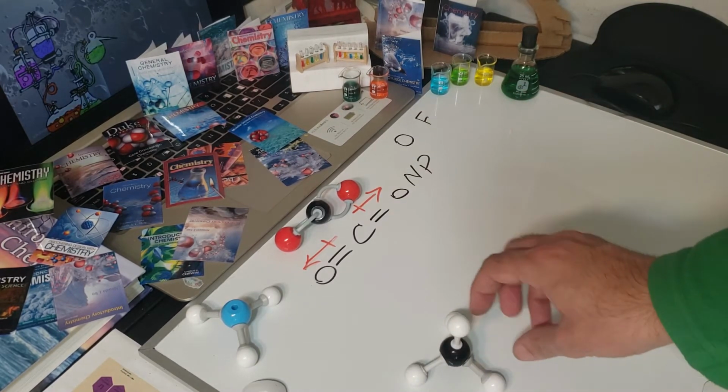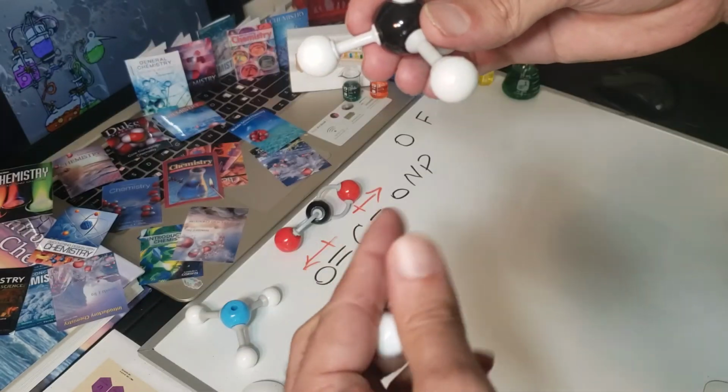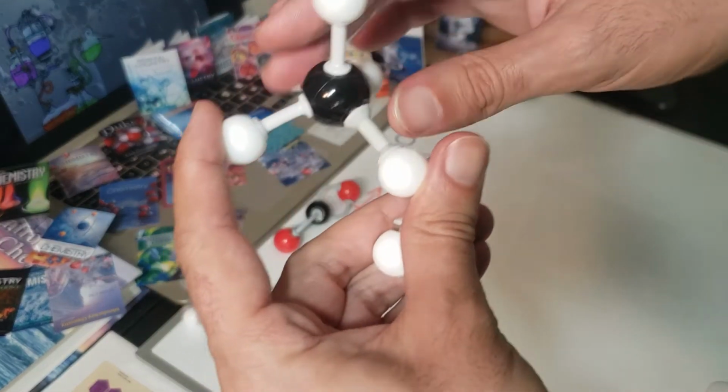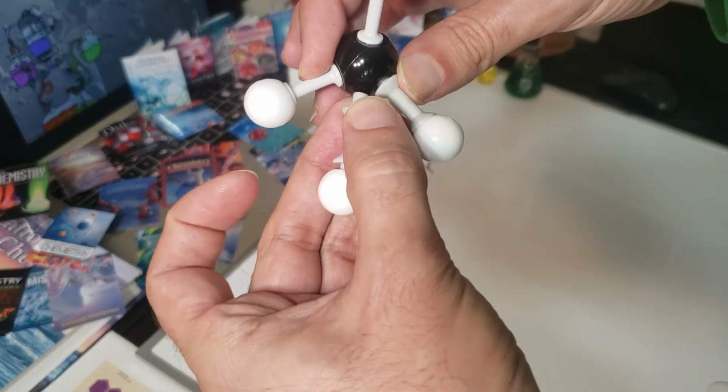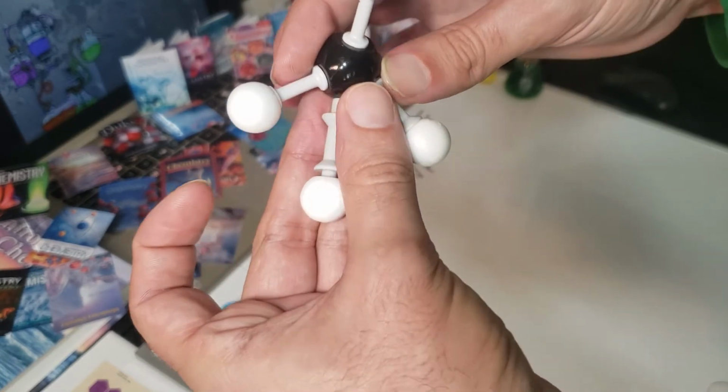Okay, so we could say that the two over here are pulling in this direction. It's as if it's one hydrogen pulling in the direction that is right in between.